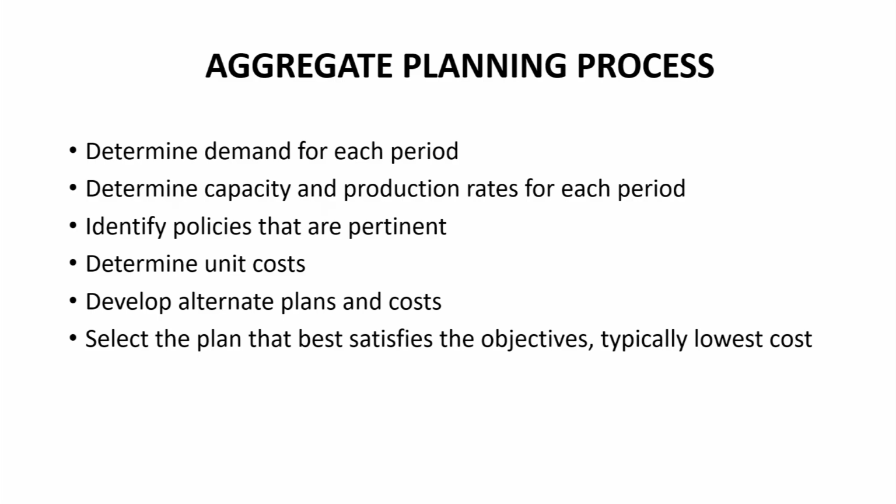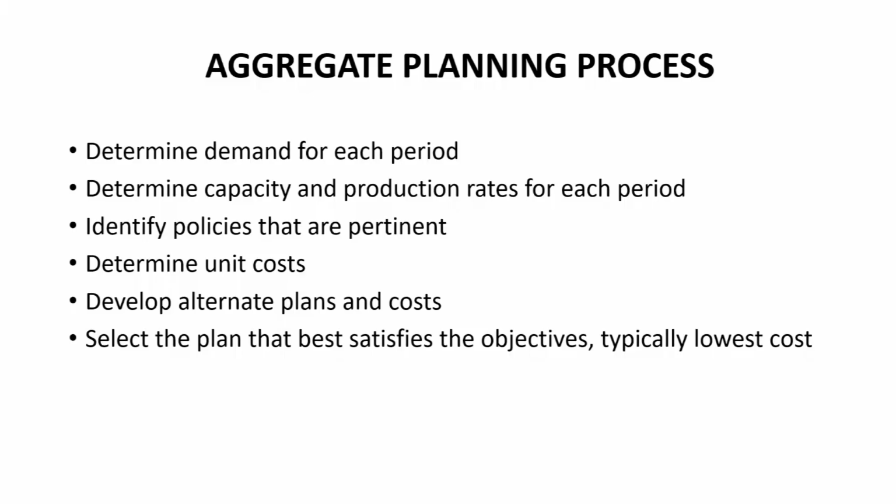Suppose my planning horizon is 8 periods, 8 quarters, or it can be 8 months or 12 months. I have to see how much the demand is in each of these periods. The demand can be based on the forecast, or on actual orders. Then I have to see the capacity and production rate for each period: how much capacity I have and what production rates I can achieve.